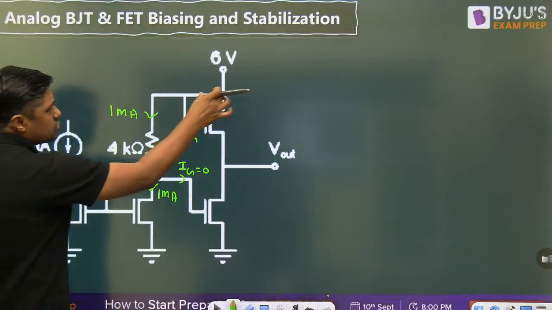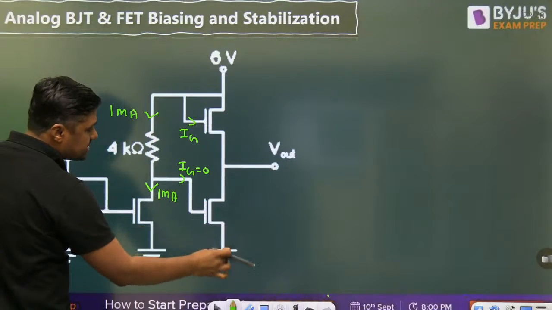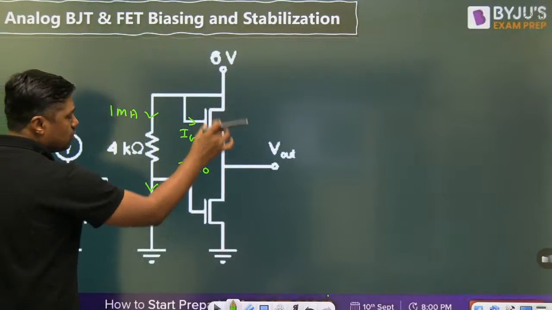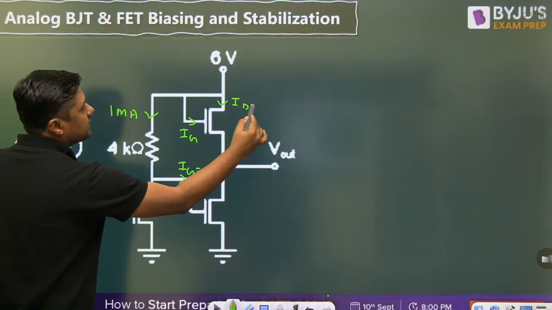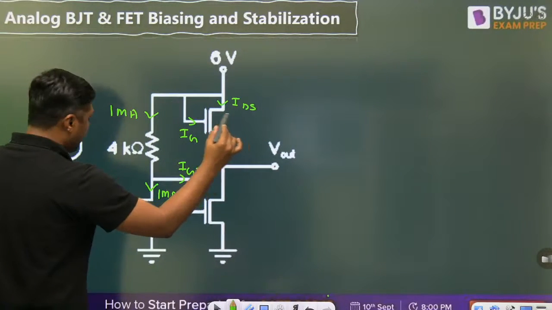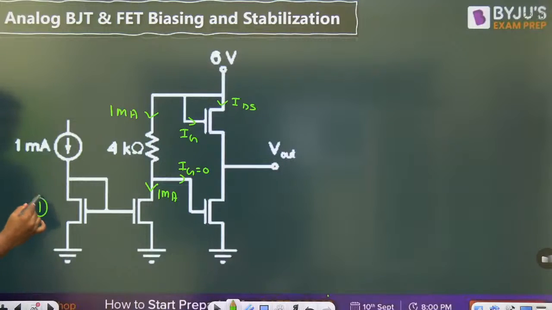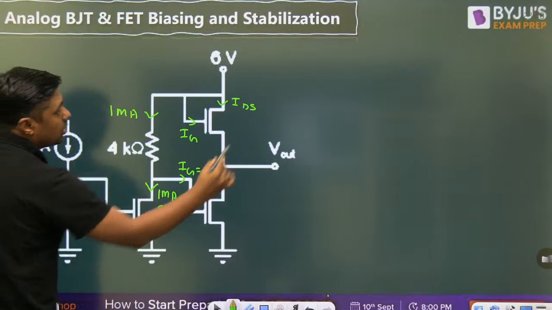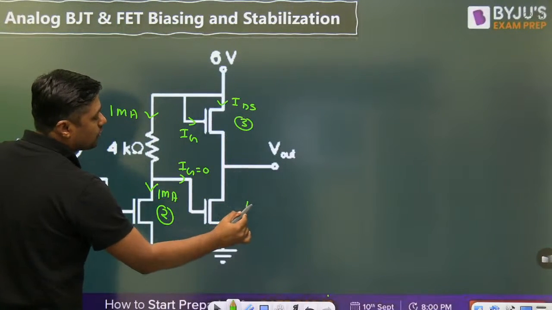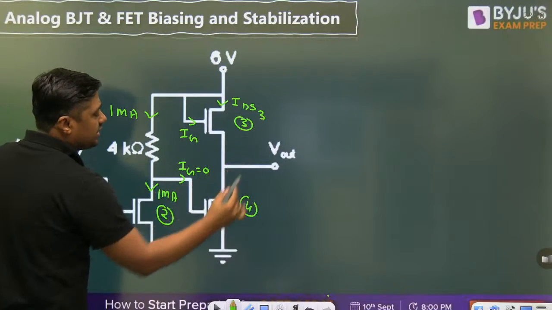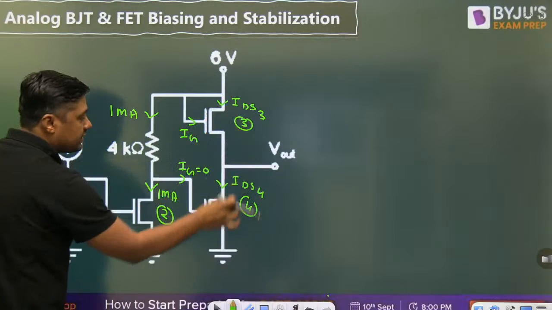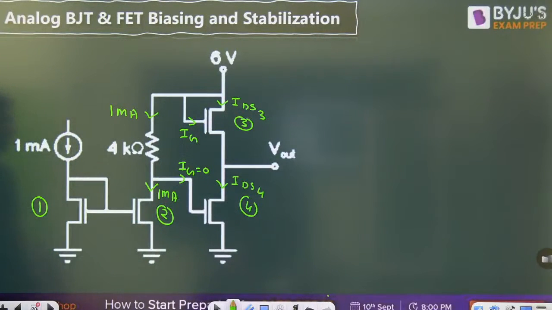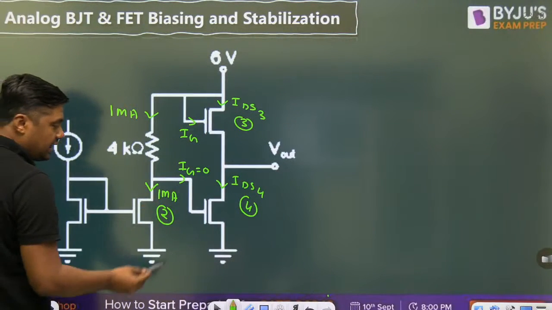Now these two transistors are connected in series. When these two transistors are connected in series, they have the same current. For example, if I name them MOSFET 1, MOSFET 2, MOSFET 3 and MOSFET 4, then IDS3 is exactly equal to IDS4. They have the same current and both are in saturation because they are identical.